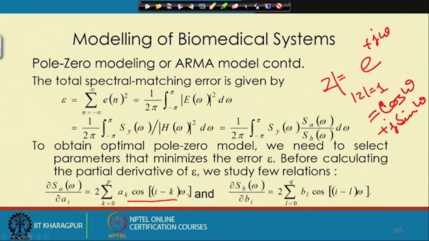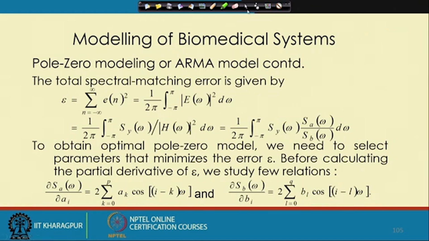And for S_B also, if we take the partial derivative, we get the summation of terms with b_l and some cosine terms along with it. We can derive that, we just need some time to do it.